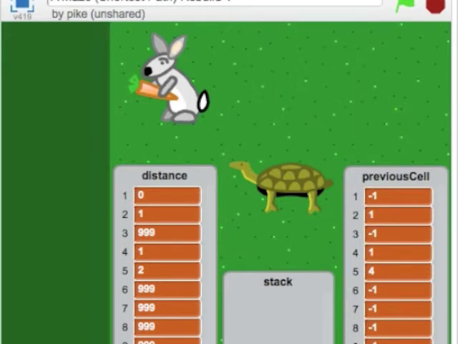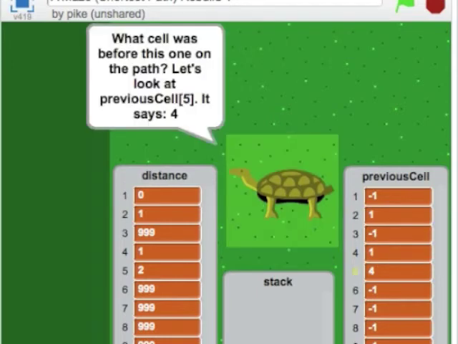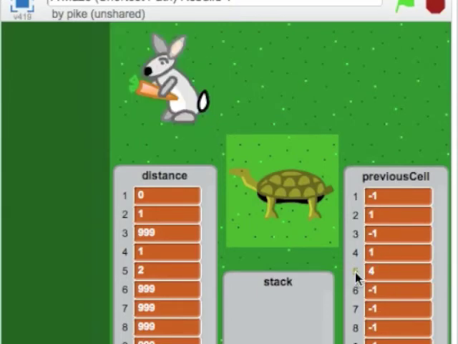It turns out that I've explored everywhere I can according to Dijkstra's algorithm. That means I'm ready to show the shortest path. And the way I do that is I go to the end point and I highlight it. Then I look in the previous table to see where the previous cell was.